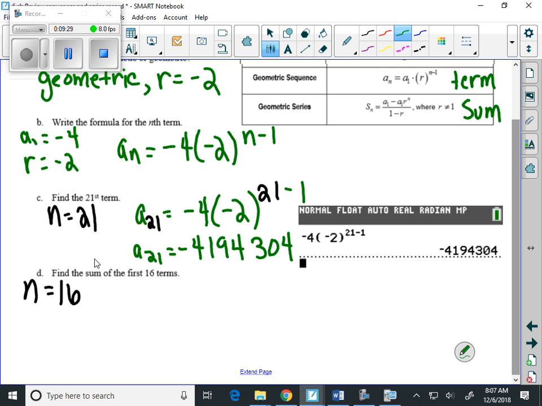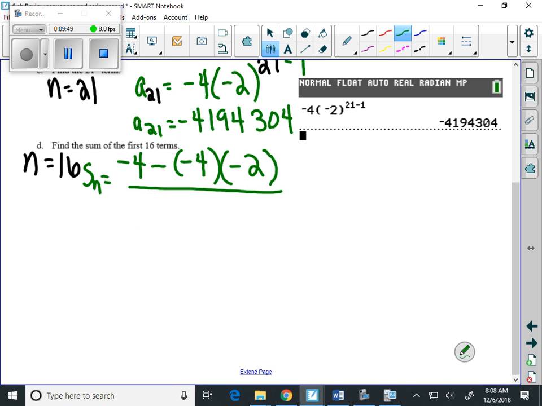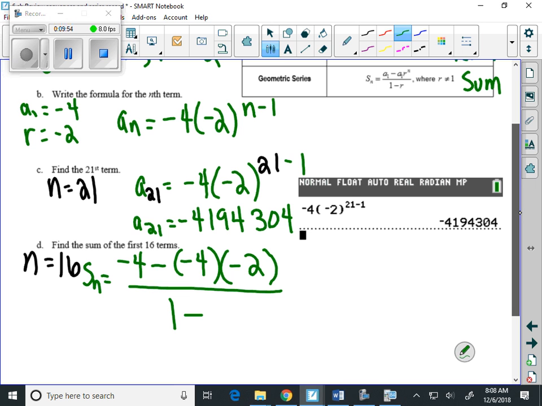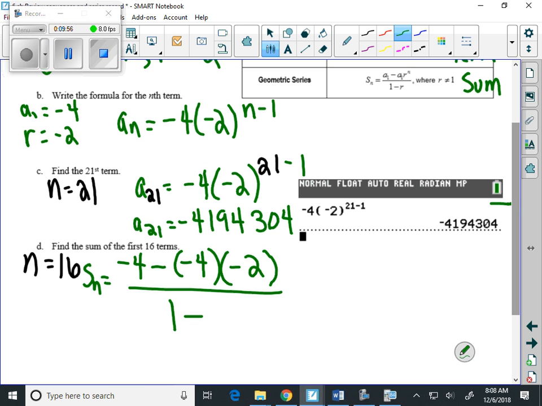And we're going to put in the values now. Our a sub 1 is -4. And let me write this. S sub n equals. So a sub 1 is -4 minus, be careful here, -4 times r, which is -2, divided by 1 minus r. And again, r is -2. I'm looking up at part B to get that a sub 1 and to get the r value.